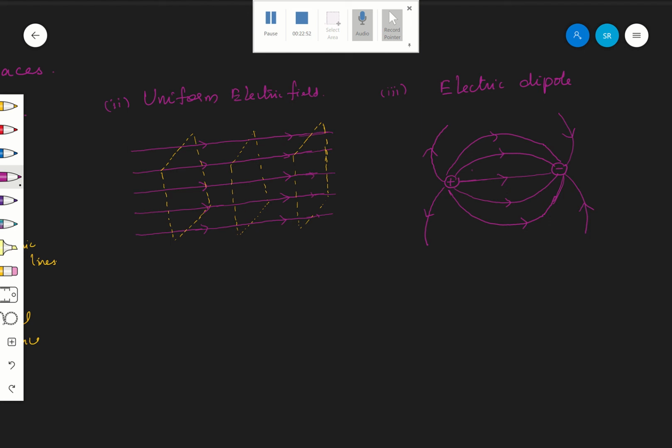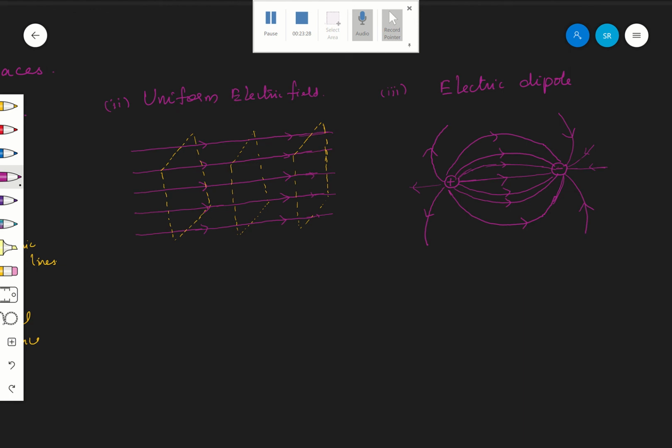Therefore the electric field in this region is stronger, and you can even draw more lines if you want. But here it goes like that, and it is inward now.